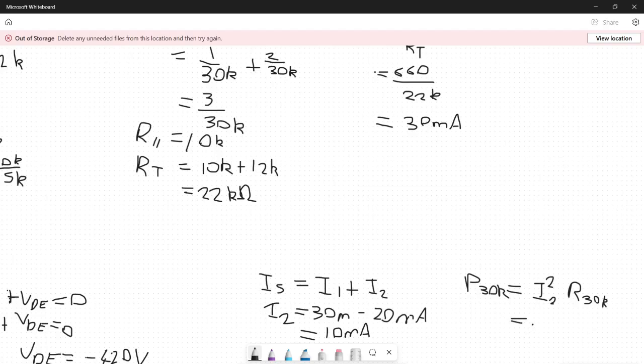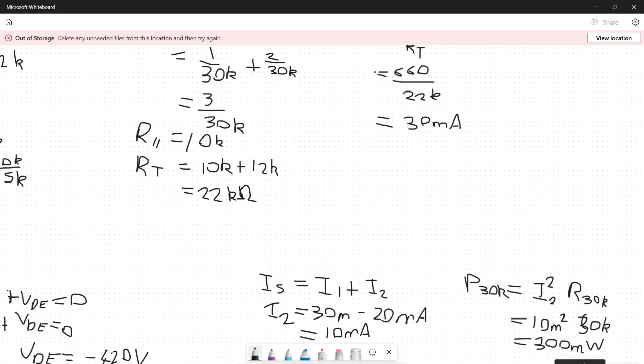So this is going to be 10 milli squared times 30. And I believe this should give us 300 milliwatts. Let me just get the calculator and find out.